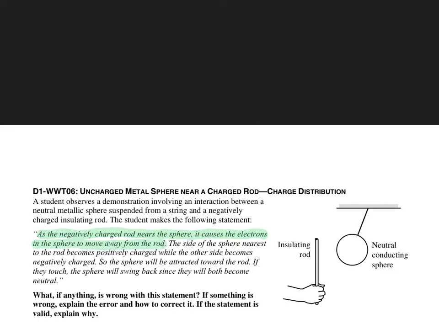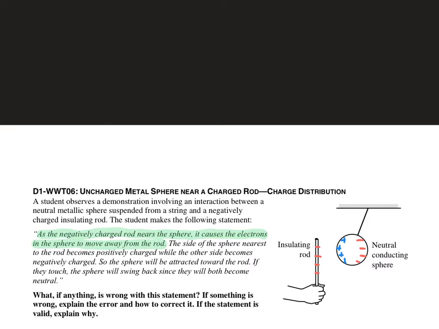Okay, so here's this negatively charged rod, and that means negatives will want to get away from that rod. If that's the case, then you will correspondingly expose positive cores. Hopefully that's not controversial.